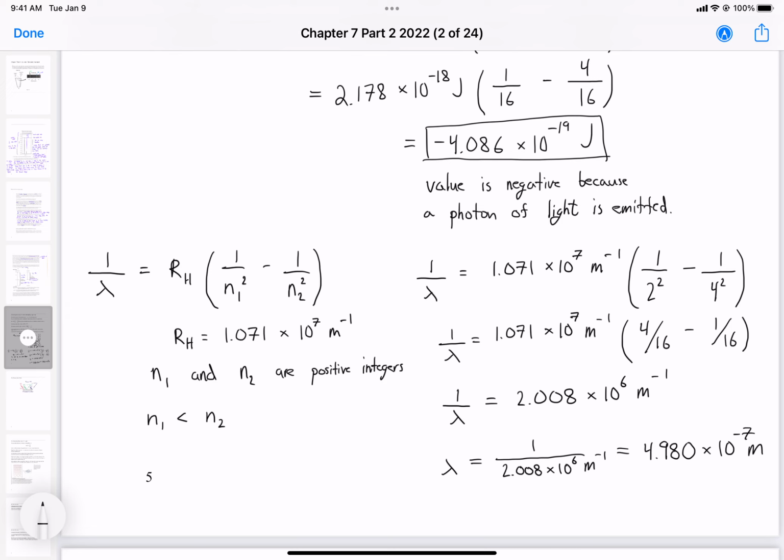Okay, and we convert this to nanometers, we're going to get 498.09 nanometers. But let me just double check something really quick, because the value here looks slightly different. Okay, so I might be missing something.